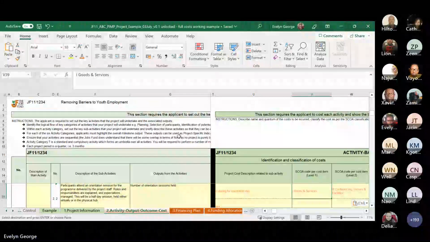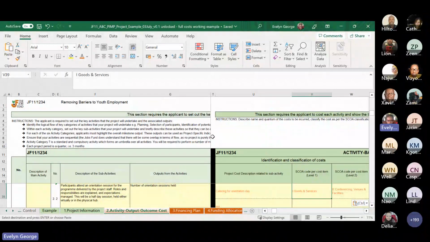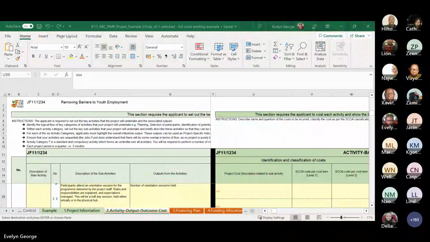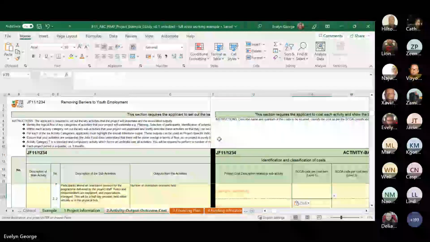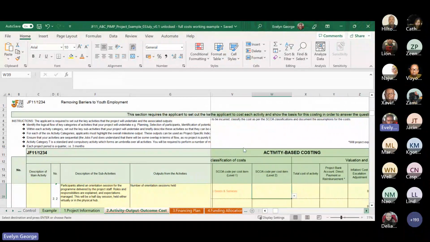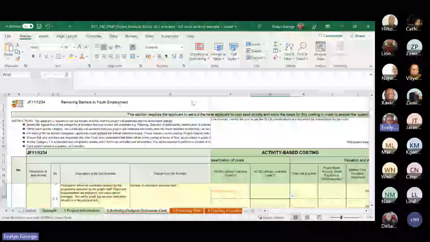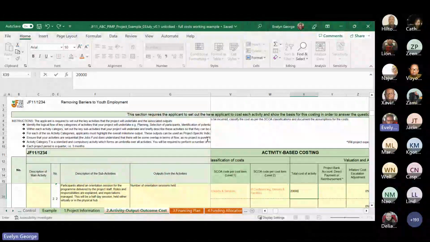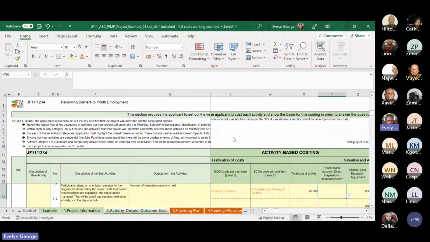Here we'll select goods and services, and our sub-classification will be conferencing venue, and let's say it's 20,000, and there again we can definitely pay the caterer direct.